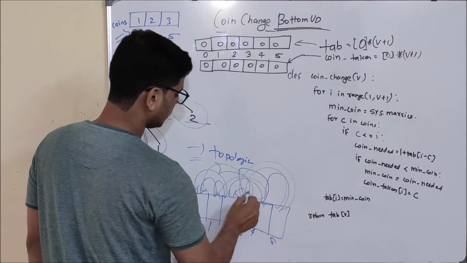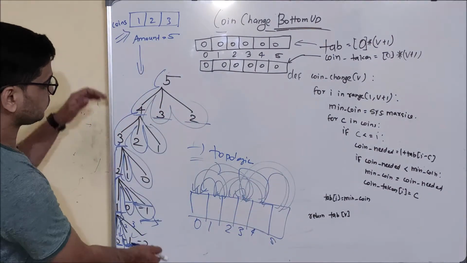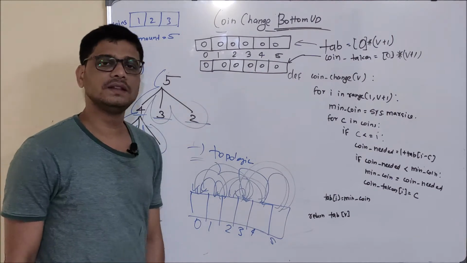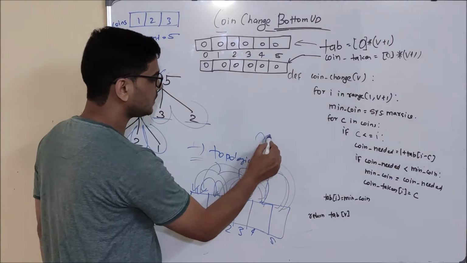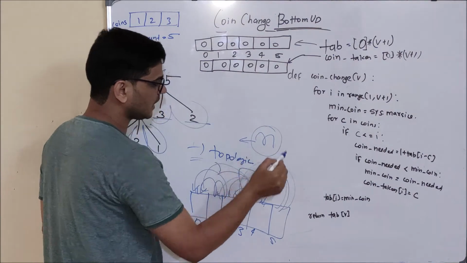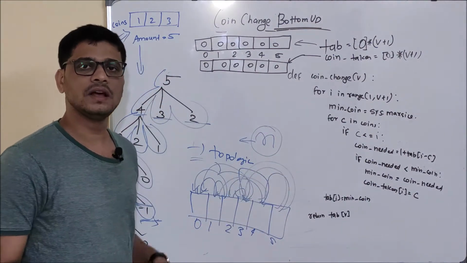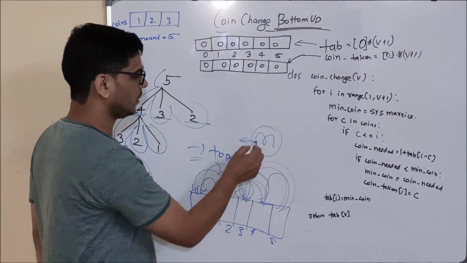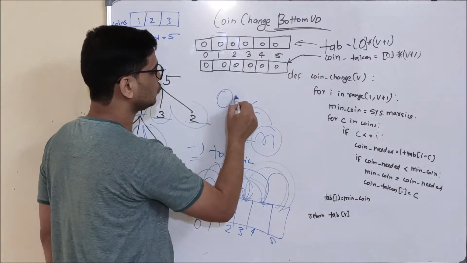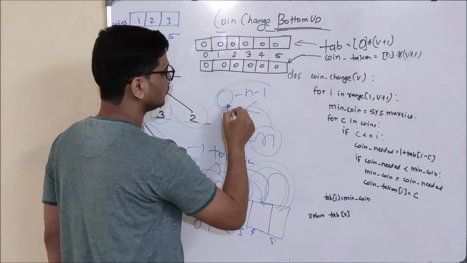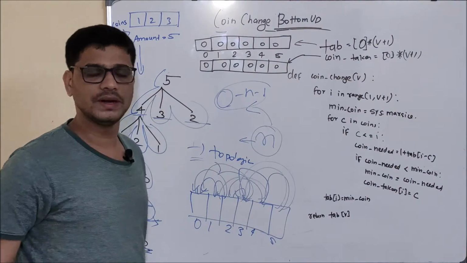So if you imagine this as an array, then to fill any nth cell, we are taking the help of some cell from 0 to n minus 1, with 0 and n minus 1 included.